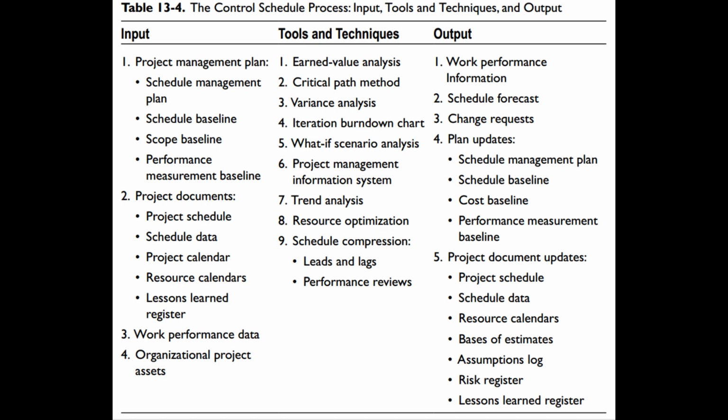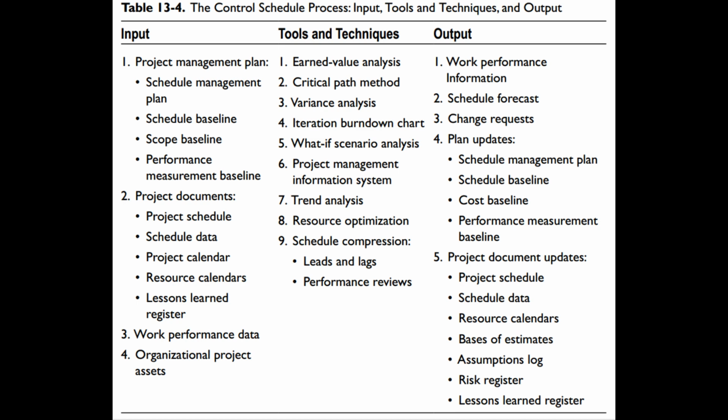Work performance data. 4. Organizational project assets. Tools and techniques: 1. Earned value analysis. 2. Critical path method. 3. Variance analysis. 4. Iteration burndown chart. 5. What-if scenario analysis. 6. Project management information system. 7. Trend analysis. 8. Resource optimization. 9. Schedule compression. Leads and lags. Performance reviews.